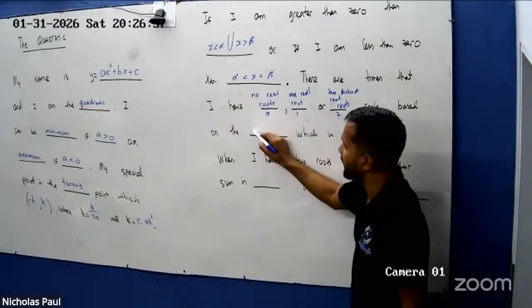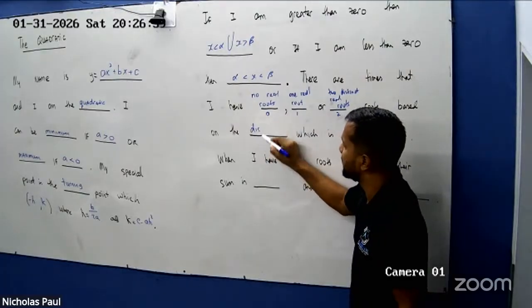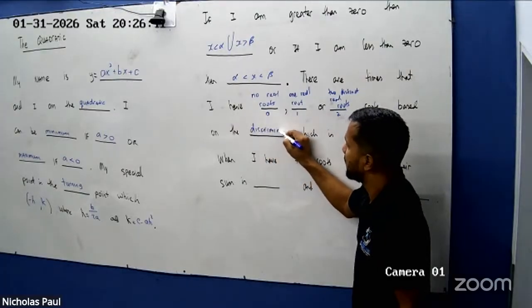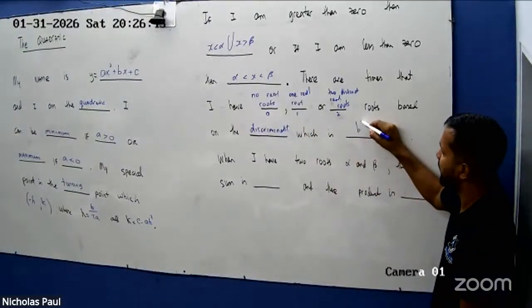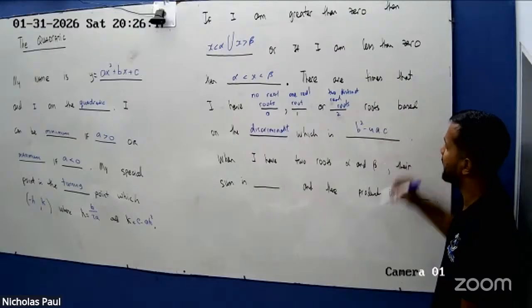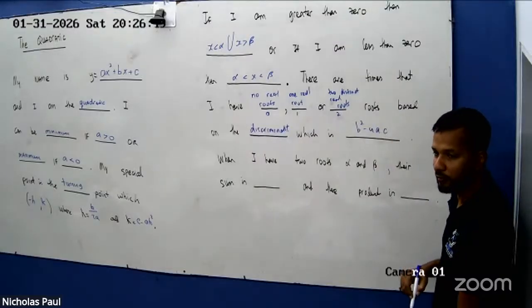Based on the discriminant, which is b squared minus 4ac.